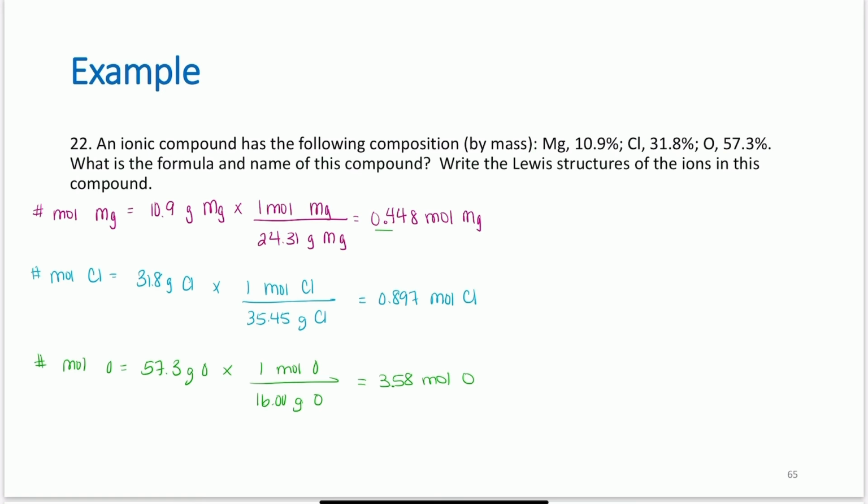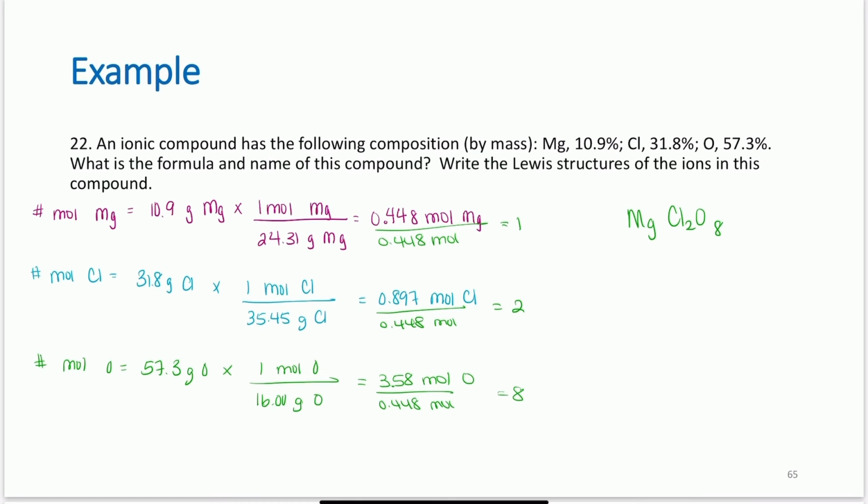Divide all by the smallest number, which is 0.448 moles. I get 1 magnesium to 2 chlorine to 8 oxygen.